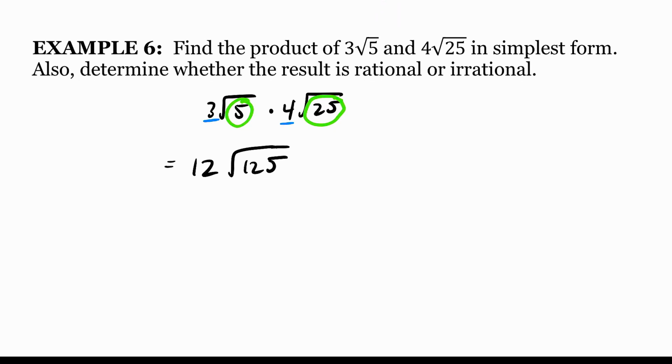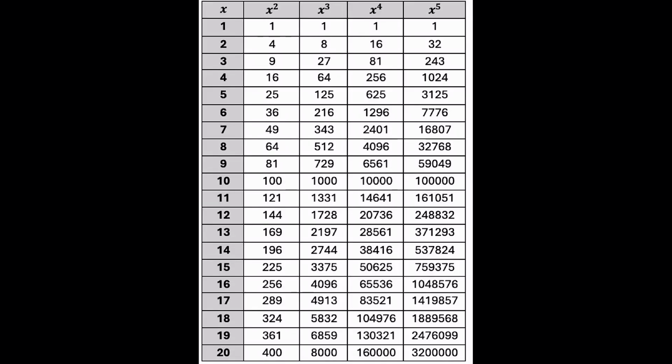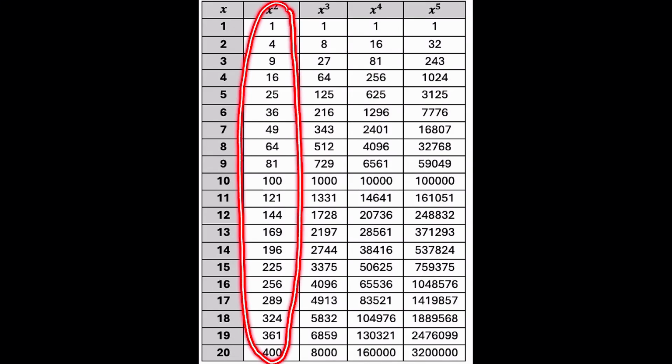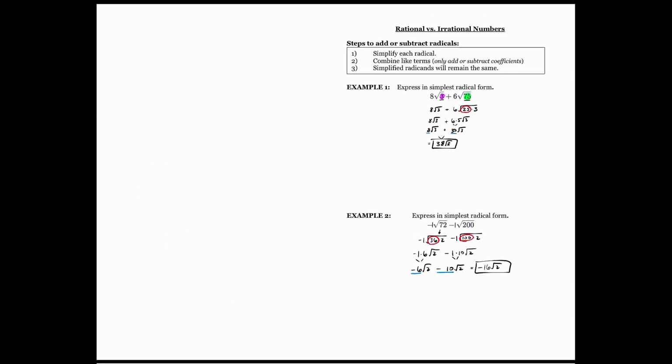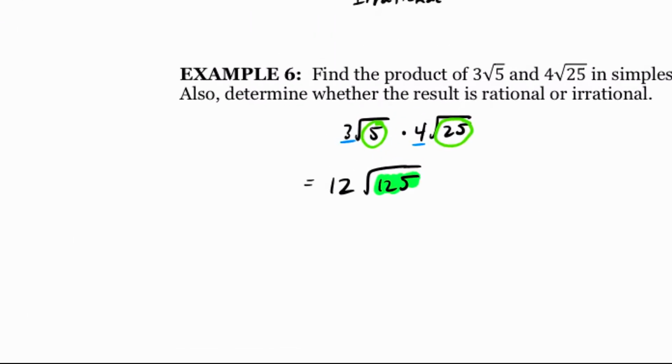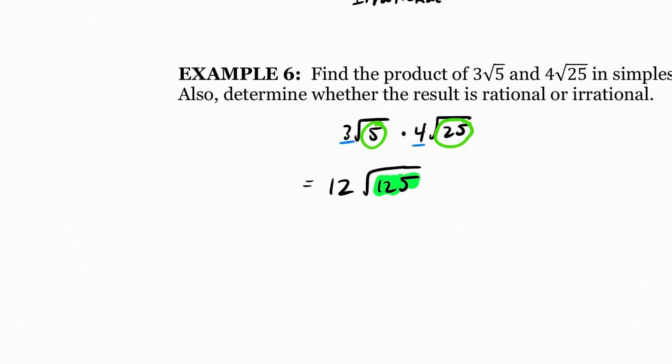Second step is, let's see if any of our square roots can go into 125. The biggest number that goes into 125 is 25. So I'm going to rewrite this as 12 times the square root of 25 times 5.